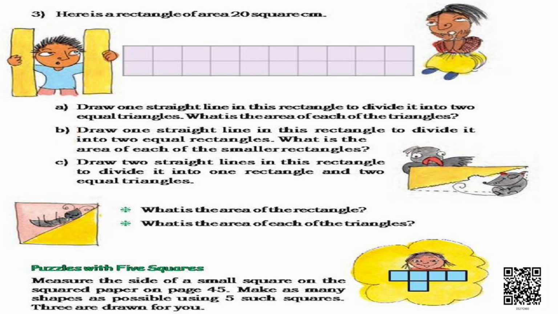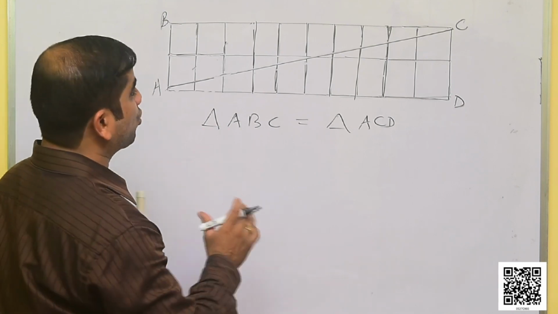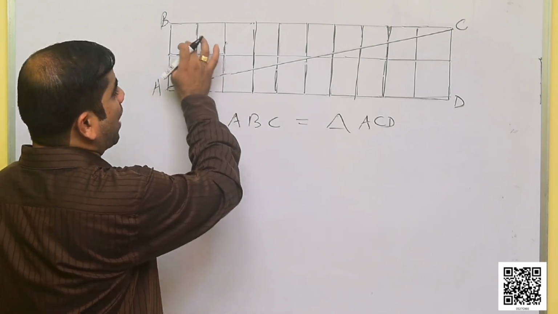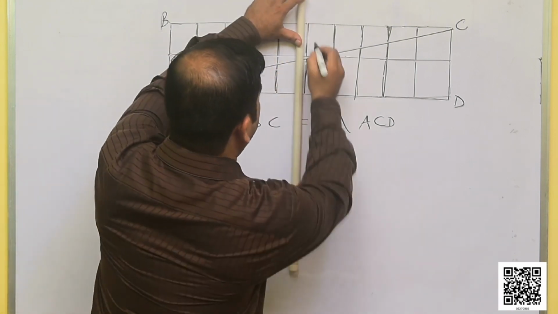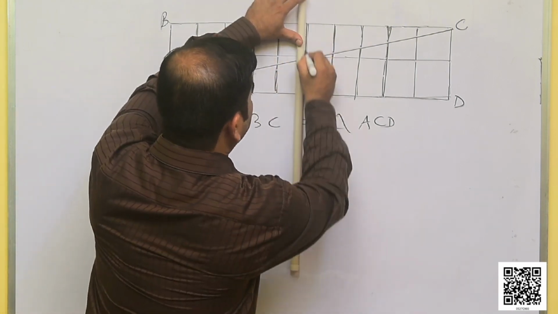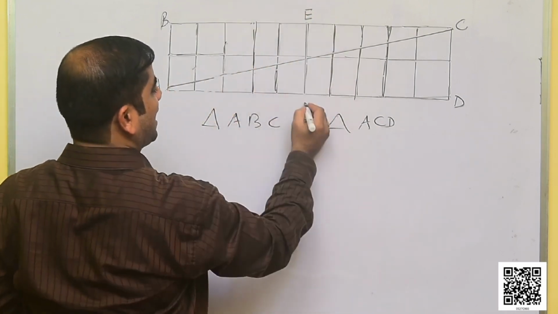So as you can see, this rectangle is having 20 squares. So if I go to the midpoint 1, 2, 3, 4, 5 and draw a straight line over here. Now let the line be EF.